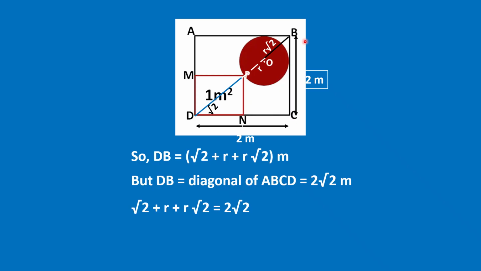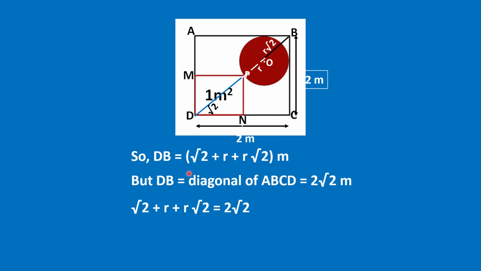So the total diagonal D to B will be root 2 plus R root 2. But the diagonal of the larger square, each side 2 meters, should be root 2 into side 2, that is 2 root 2. So DB should be 2 root 2.